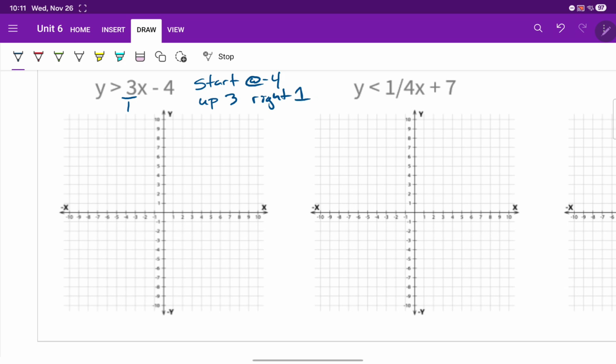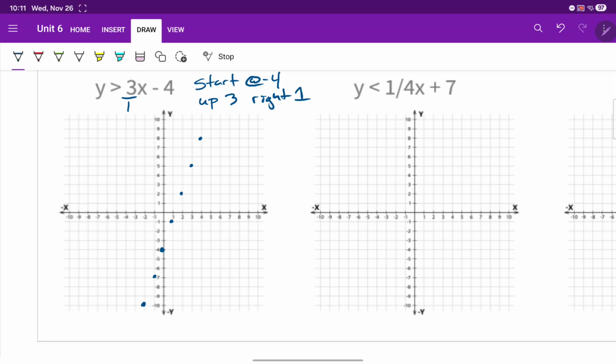I'm going to plot my points. I start at negative 4, go up 3, right 1, up 3, right 1, up 3, right 1, and down 3, left 1. Did I mess that one up? I messed that one up. So there's what my line's going to look like.